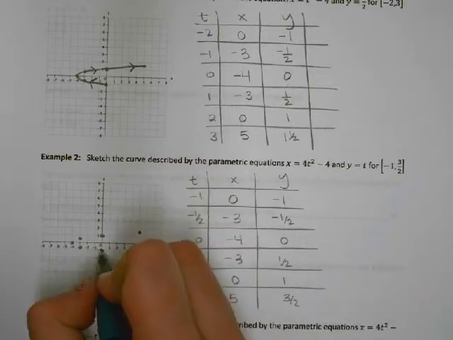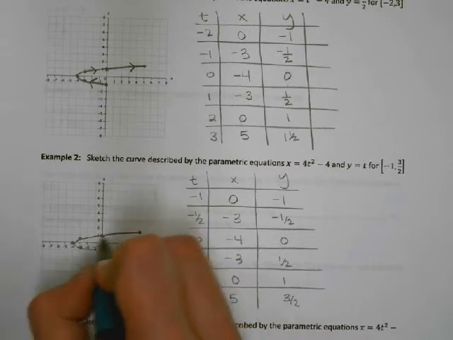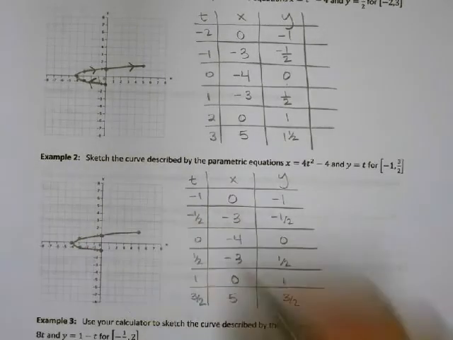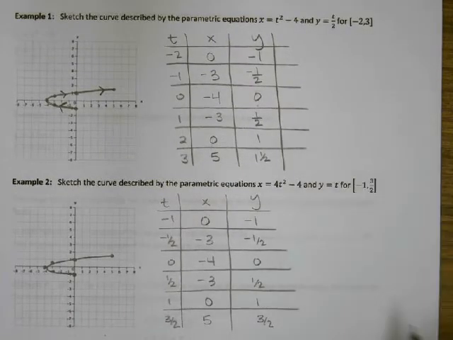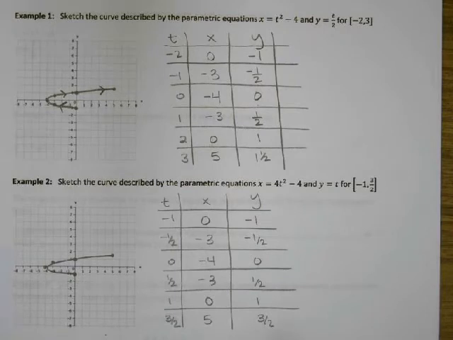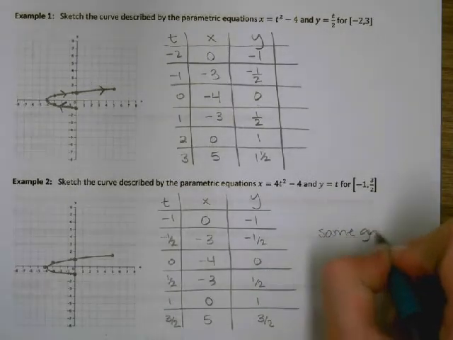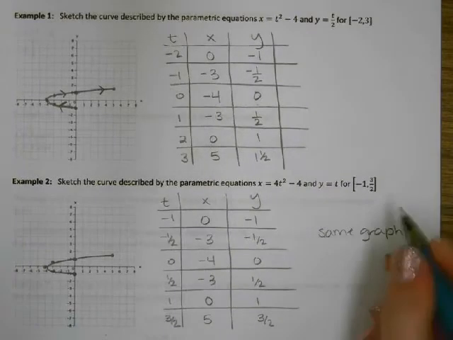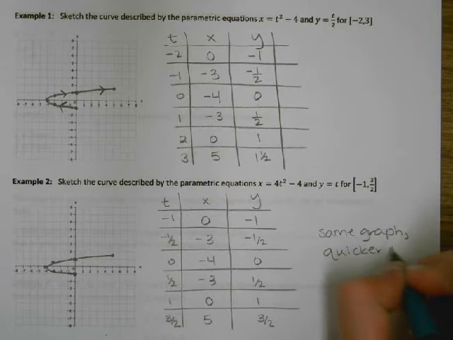So if you look at this, the picture looks exactly the same. And we might think that these graphs were identical, except that we do know that our equations were different, our times were different. So what we'll notice is that even though the graph is the same, or same curve, I guess I could say, our time was quicker.